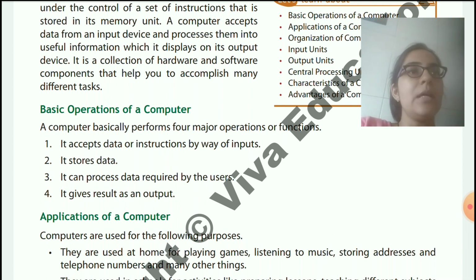In its memory. Then it processes the data required by the user. The processing is done by the processing unit, the CPU, and it gives the result as the output. Finally, the result is displayed on the monitor screen, which is called the output. It can also be given to you as a hard copy by the printer, so the printer is also called an output device.